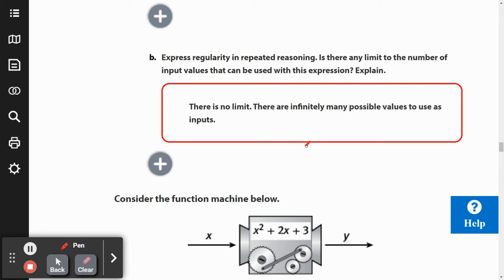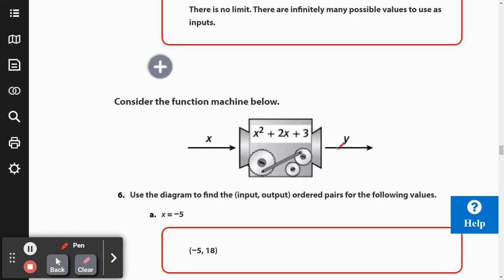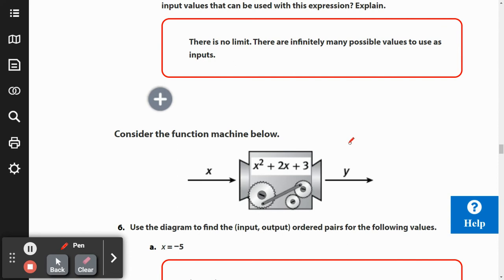Okay, number six. Number six is another problem as well, where they give you an A, B, C, and D. If you would, go ahead and let's work number six. And I need you to actually be working number six, not waiting for me to do stuff.